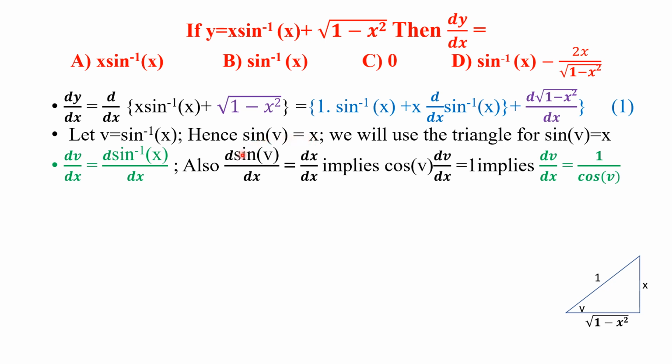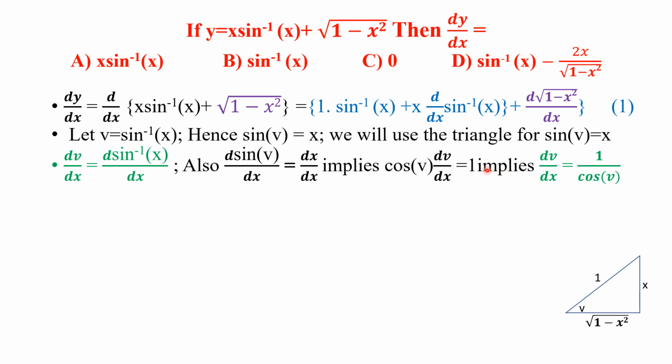D by dx of sine of v should be equal to dx by dx. If we execute this derivative with the chain rule, the derivative of the outside is cosine v, times the derivative of the inside, dv by dx. The derivative of the right-hand side is equal to 1.